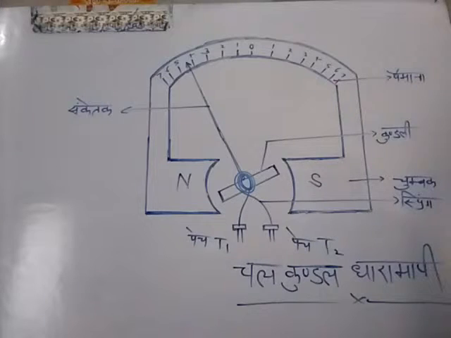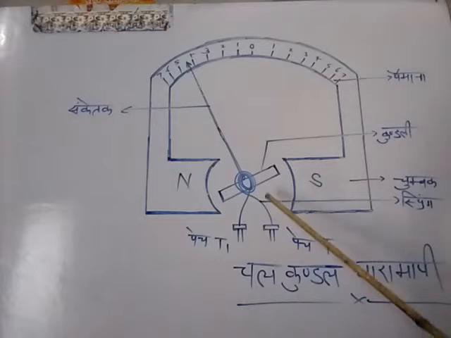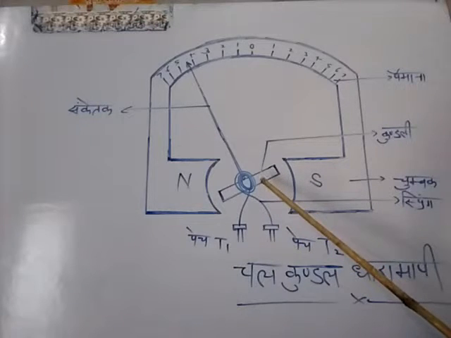Now I tell about the working of galvanometer. When electric current flows through the coil, a turning effect is produced on the coil.